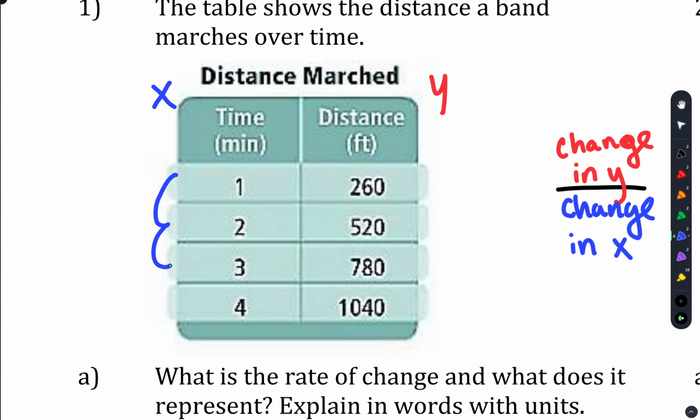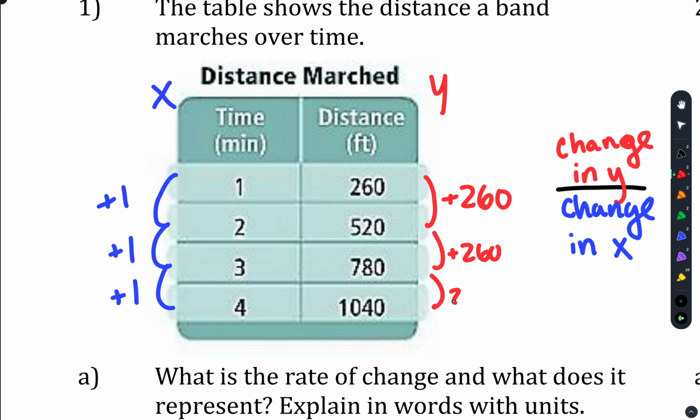So if I look in the x's, are they going up by the same amount of minutes every time? +1, +1, +1. That's good. Now, are they going up by the same amount of feet every time? How many feet are they going up every single time? So we would call this constant.